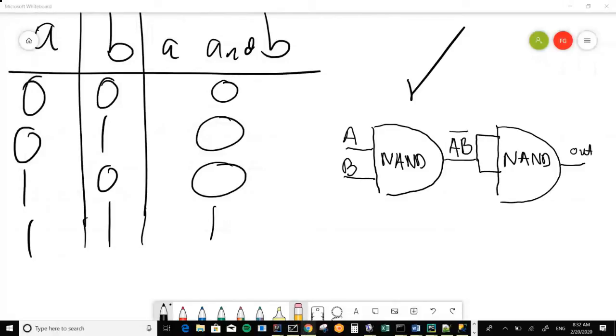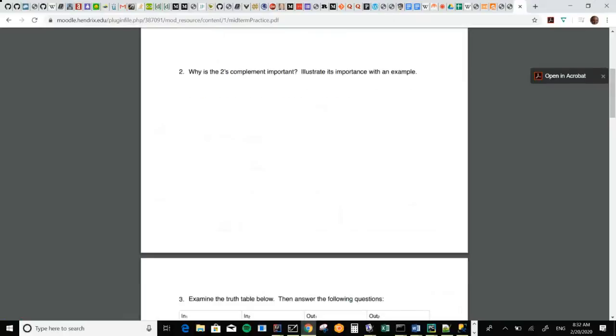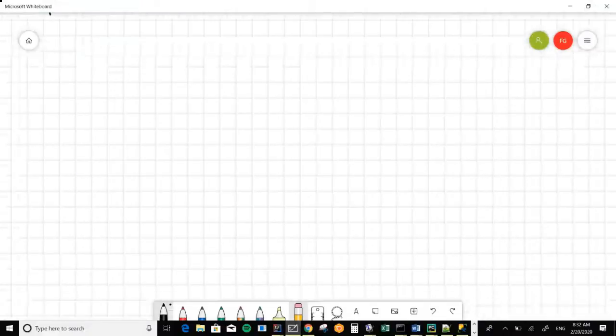All right, problem 2. Why is the 2's complement important, and illustrate its importance with an example? So somebody tell me why 2's complement is important.